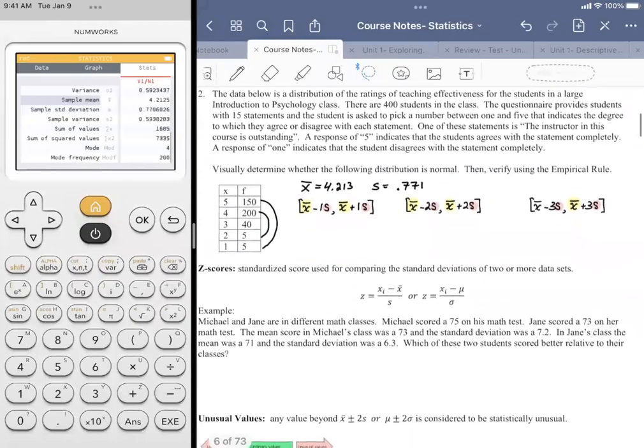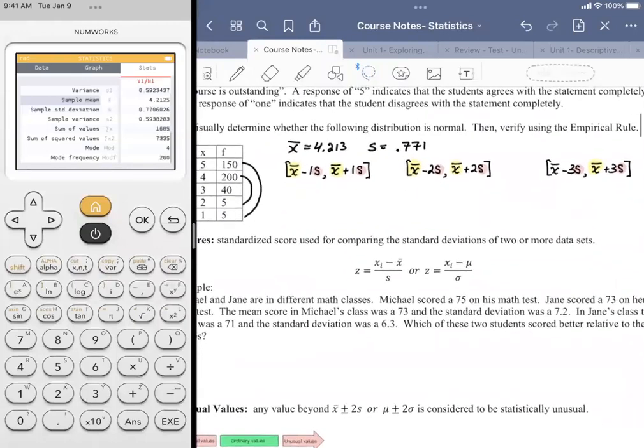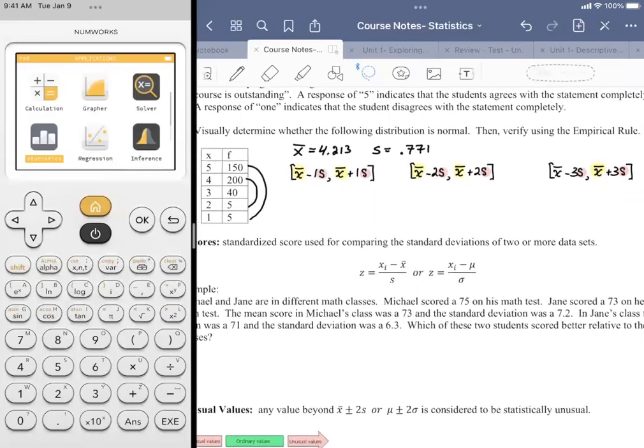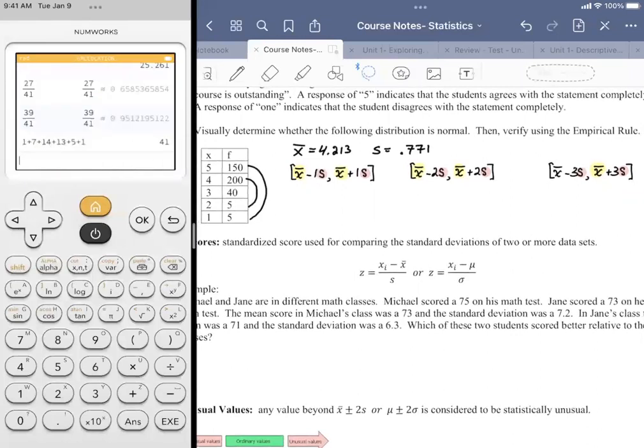All right. And so this is how we computationally verify a normal distribution. So I'm going to go into my home screen, go to calculation, and just start crunching numbers. So again, same idea as before. We know what the S is. We know what the X bar is. It's just a matter of find and replace.